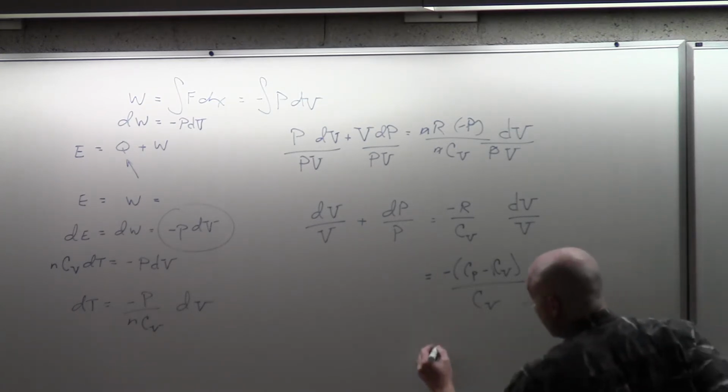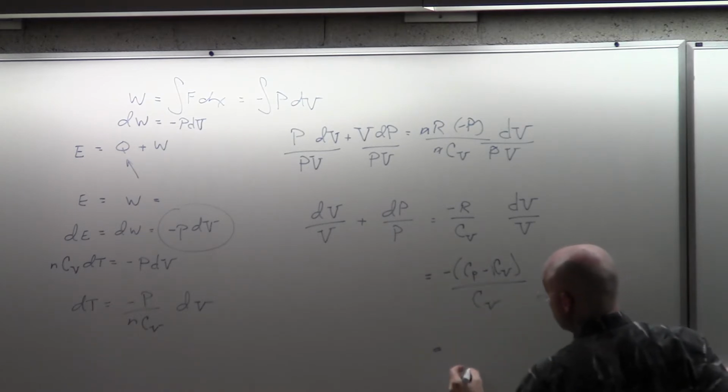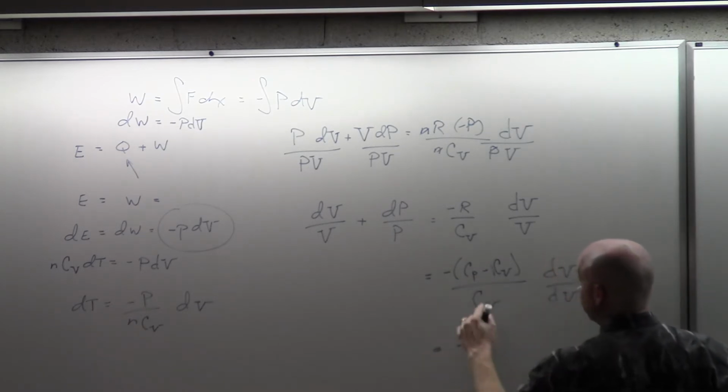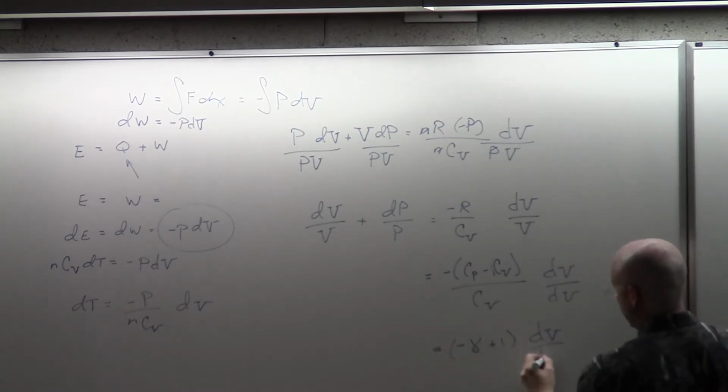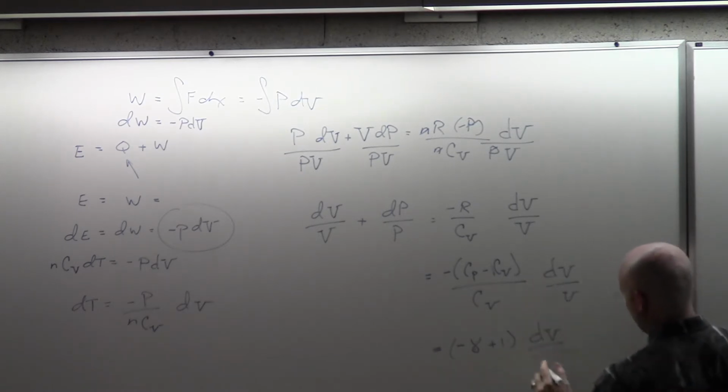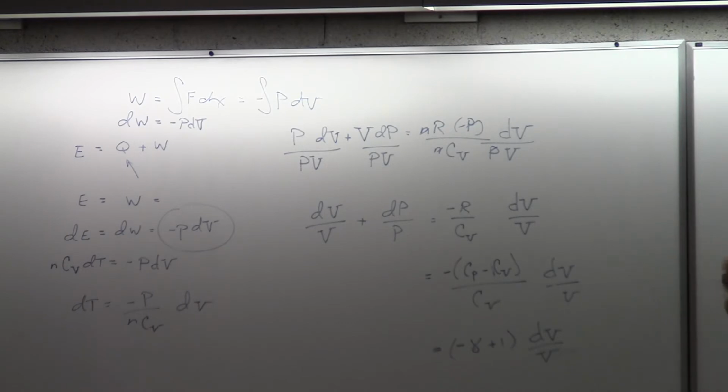And so then the Cv goes into Cp, that's the gamma right there. That's the minus gamma plus 1 dV over V.